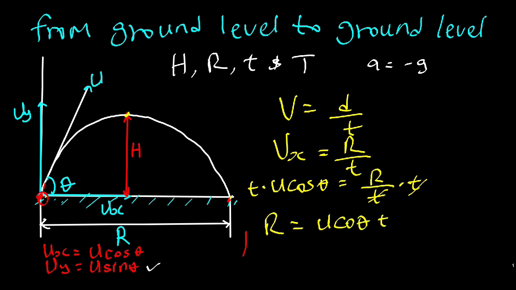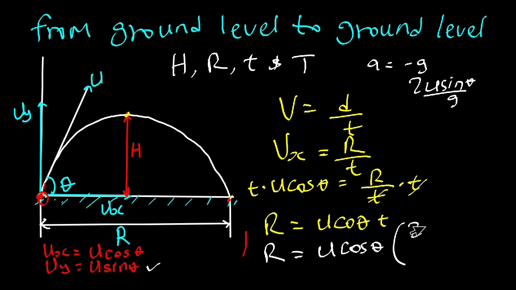Alright, now this t here is the total time of flight, which we have found earlier to be 2u sin theta divided by g. So we're going to replace this t with this. So we have range equals u cos theta multiplied by 2u sin theta divided by g. Then let me just swipe this upper part.